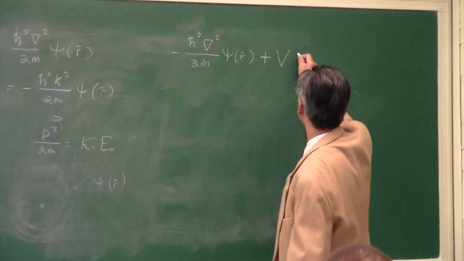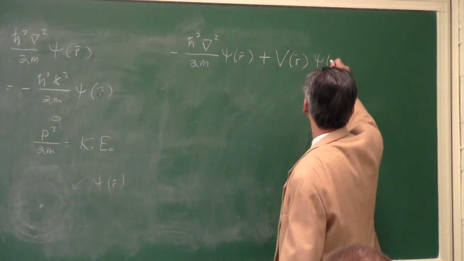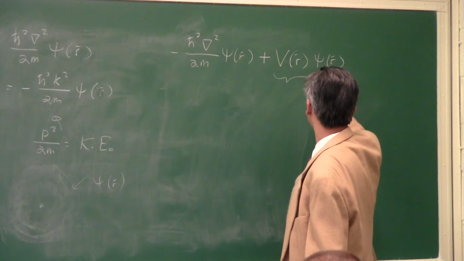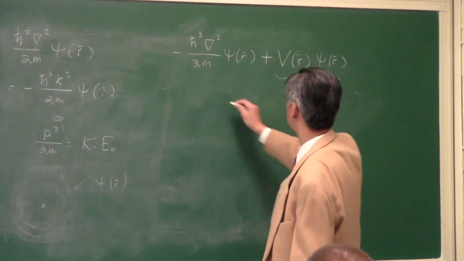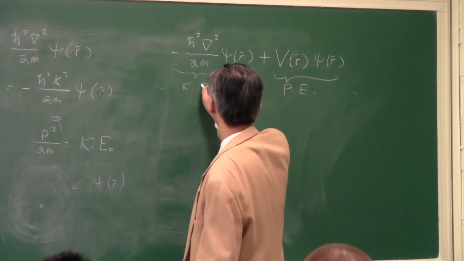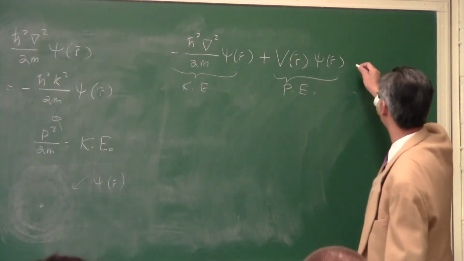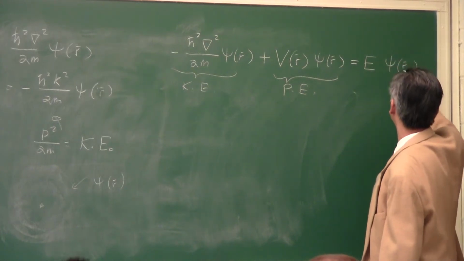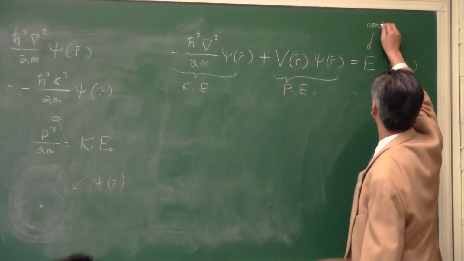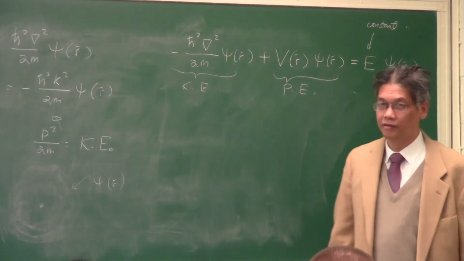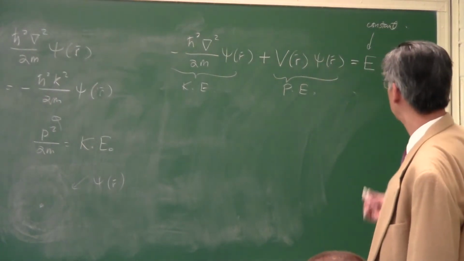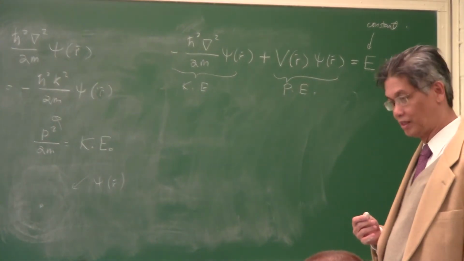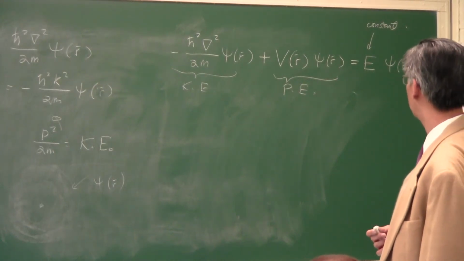If I add a potential energy term to this, and this could be describing the potential energy of the electron, this is the kinetic energy of the electron, and if I demand that this always be a constant, then maybe I have it made. This is actually called a Schrödinger equation that was concocted by Schrödinger in his very early days.